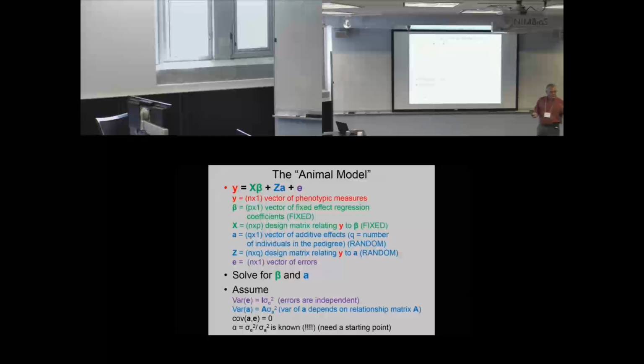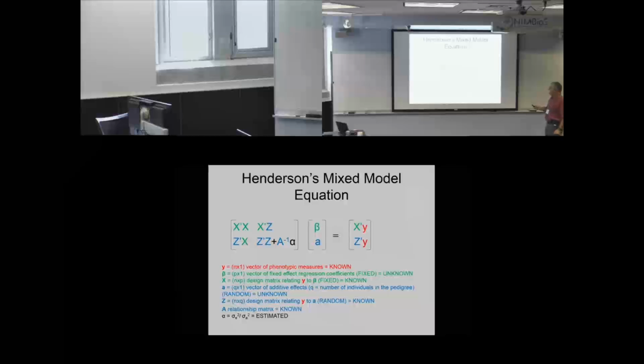So your question was, how do you solve for beta and A? Luckily, a very clever guy named Henderson came up with a way to solve these mixed models. It very neatly partitions your unknowns from your knowns. Here are all the terms that we just discussed.